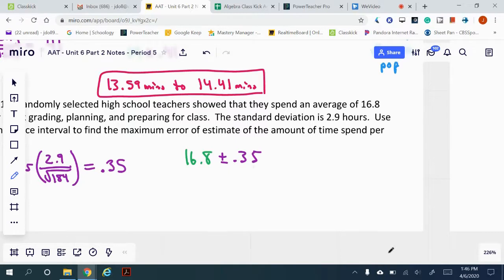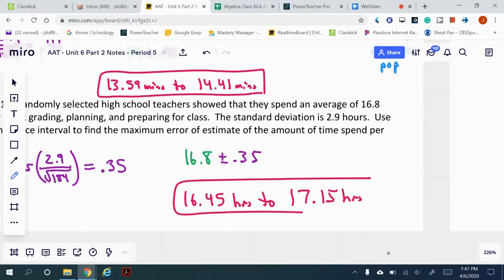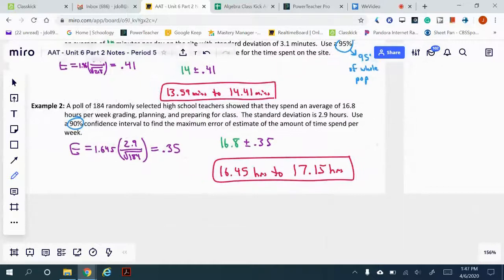So we're going to have 16.45 hours to 17.15 hours. All right. So again, we would have a 90% confidence that taking this mean from the sample, the 16.8, and projecting it onto the population, that the actual mean would fall somewhere between this range.